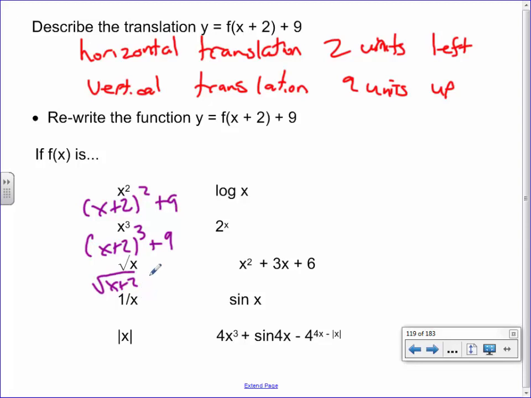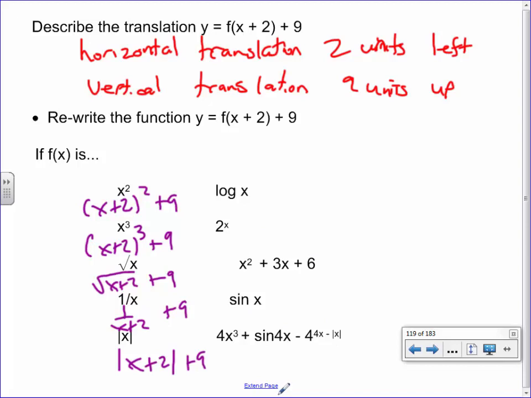And then after you're done square rooting, add 9. How about 1 over x? 1 over x plus 2. x plus 2 is at the bottom. Add 9. This skill can be extrapolated to any function, even if you don't know what the function means yet. This will be absolute value of x plus 2, then add 9.